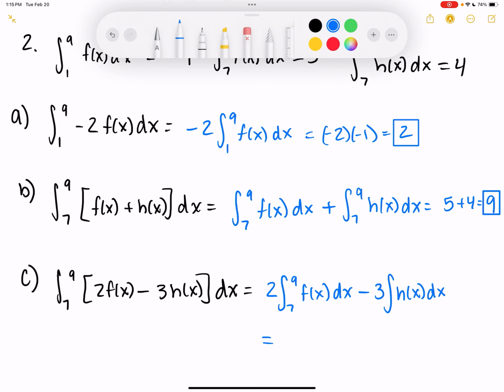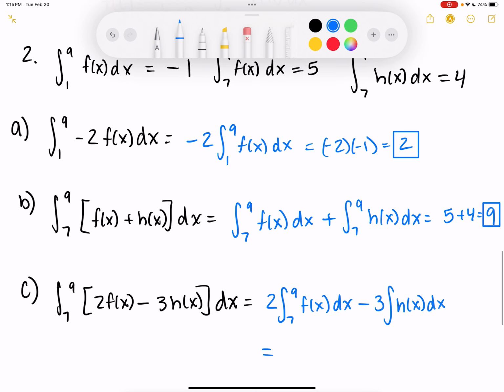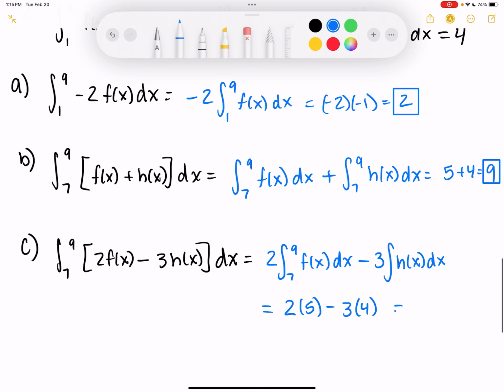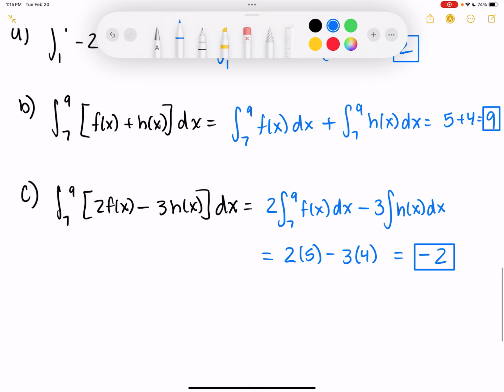So then that's going to be 2 times 5 minus 3 times 4, which would just be negative 2. Are we okay on that since I did that all in one step? Good.